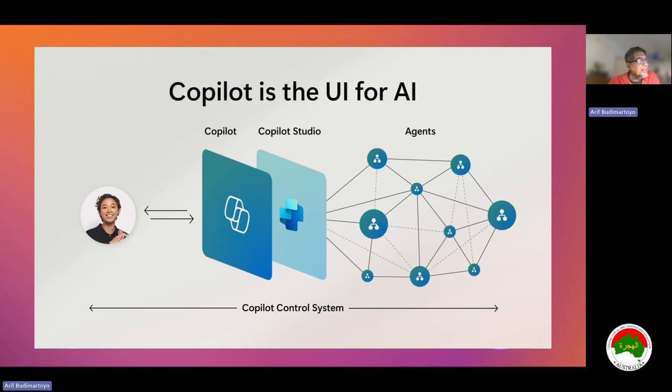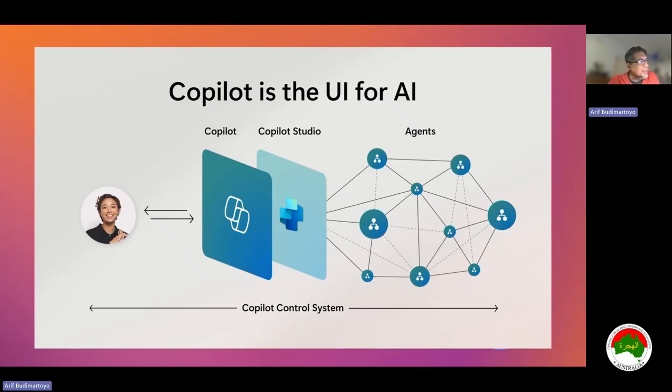Basically this is the chart. In Microsoft 365 we have Copilot as one of the products. We can utilize that as a Copilot controller, where the Copilot can control more than one agent.